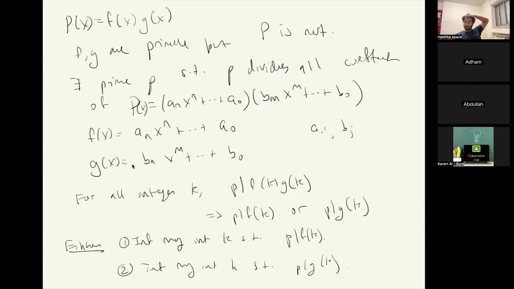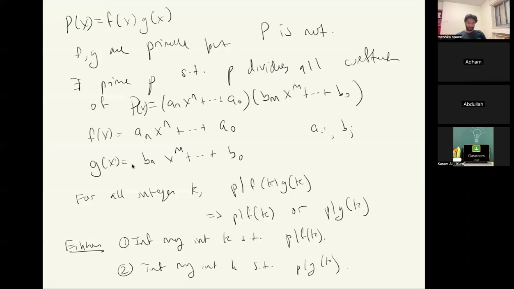But now, you see, this is actually not a very strong statement, right? Because what does it mean for p to divide f of k? As long as p divides f of k for some integer, it's going to do it for infinitely many integers. That's what we showed before, right?